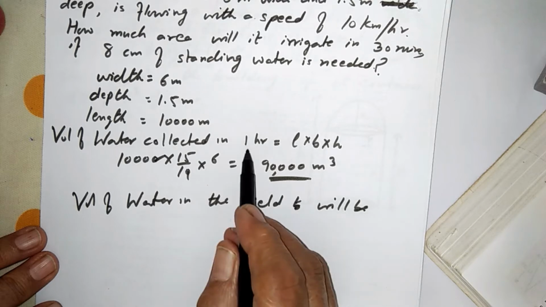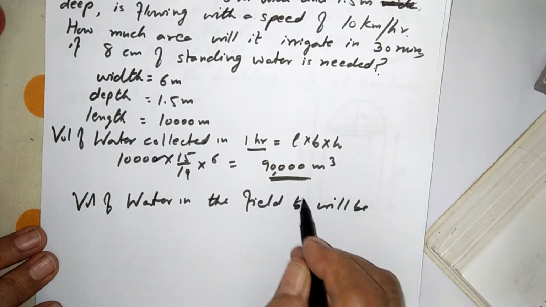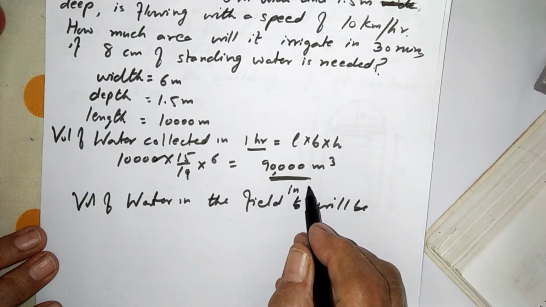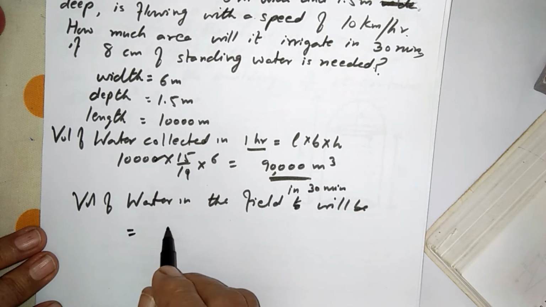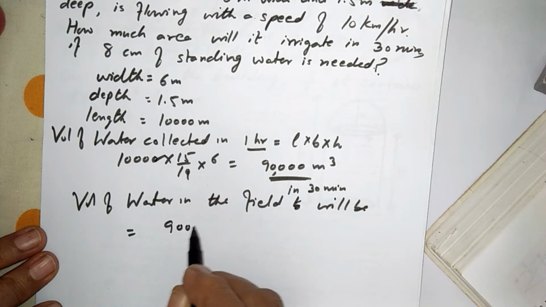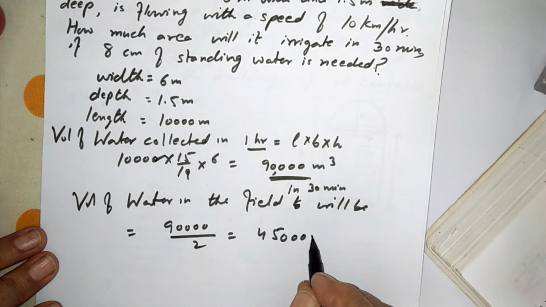This was water collected in 1 hour. So volume of water in the field in 30 minutes will be, halve it, this was in 1 hour, so divide it by 2, 45,000 meter cube.